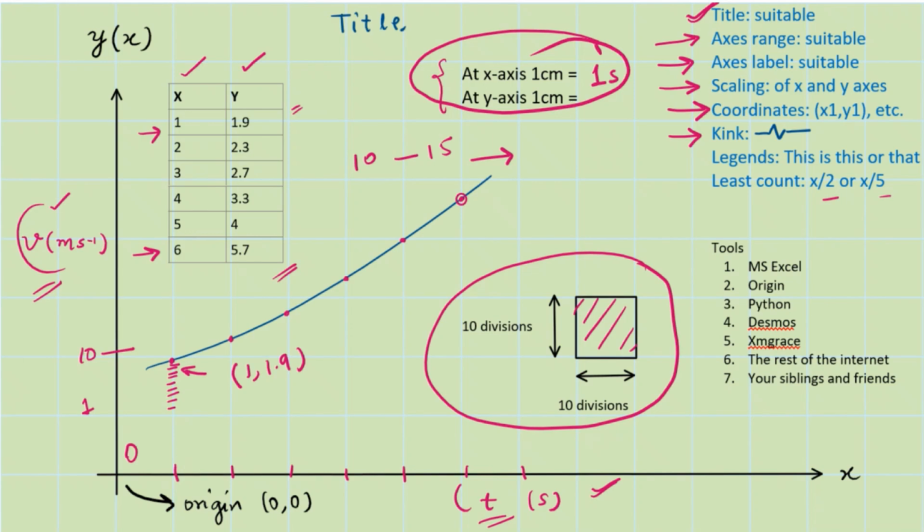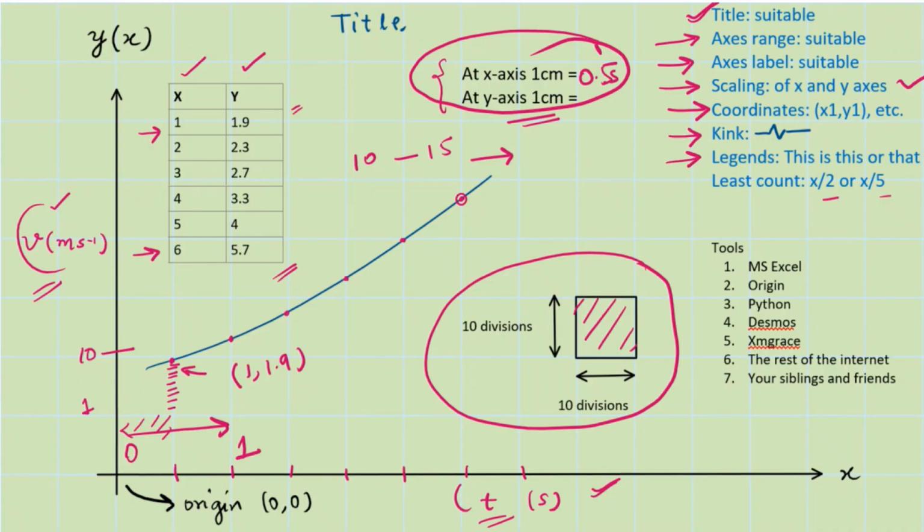I instead want this 1 to come here. I can stretch my graph and mention the scaling here, that I have now chosen this 1 centimeter block equal to 0.5 seconds. The same concept I can use for my y-axis, and this part is called the scaling of the axis.